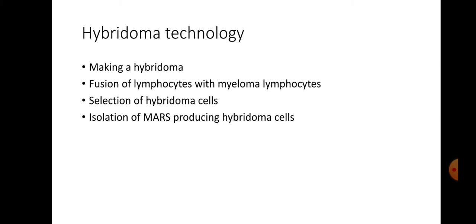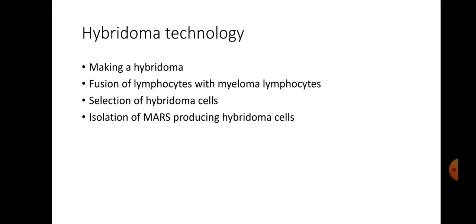That is the full form of HPRT, and hence these myeloma cell lines are known as HPRT negative myeloma cell lines. These cell lines cannot produce antibodies.